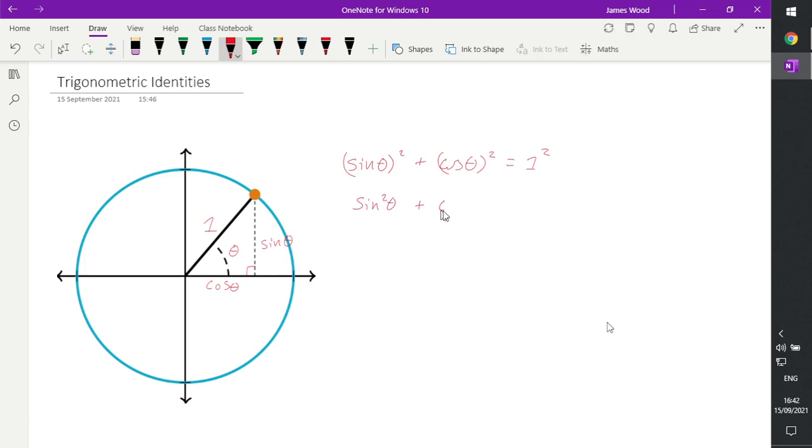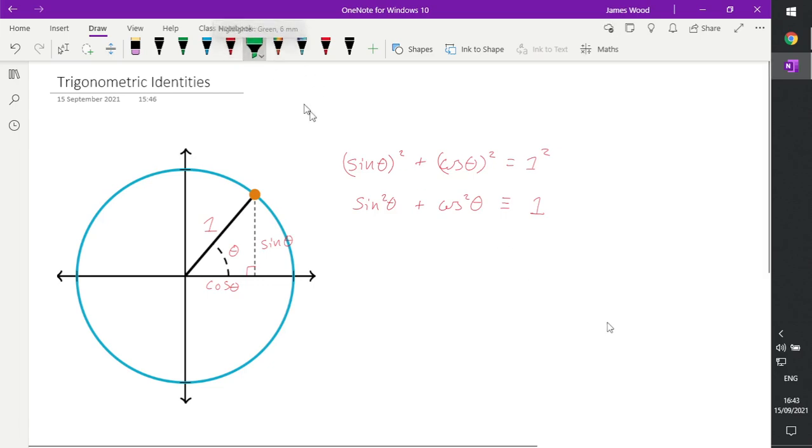It's just a bit of notation for how we write it. Cos theta squared is cos squared theta, and 1 squared is obviously 1. Now because this holds true for any value of theta that I can put in, it is called an identity, so something that always is true. And we can use a triple equals sign for an identity.